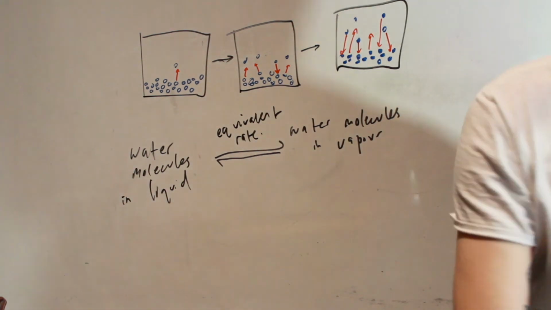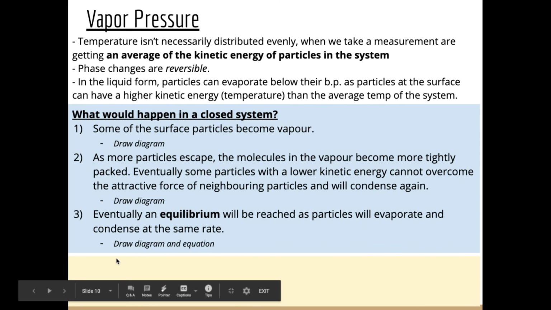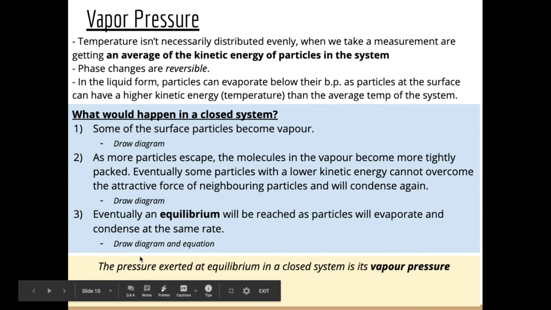So what the vapor pressure is, it is the pressure that is observed whilst this equilibrium is achieved in a closed system. If we think back to the previous lesson, we discussed the idea of pressure being the force exerted on a container by gas particles as they collide with it.